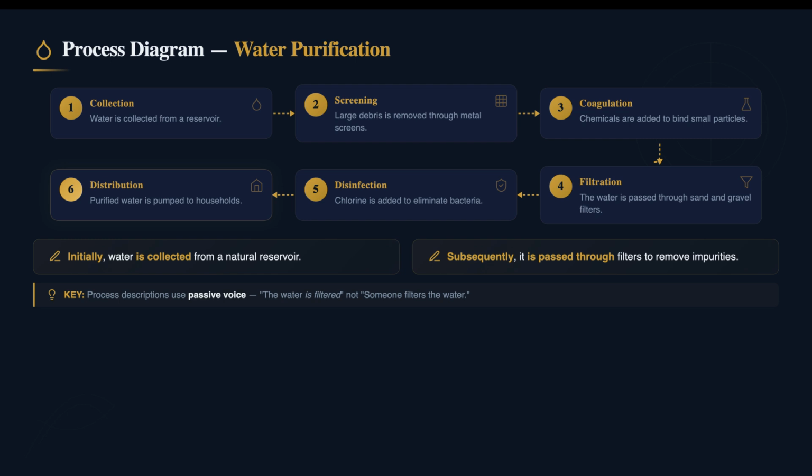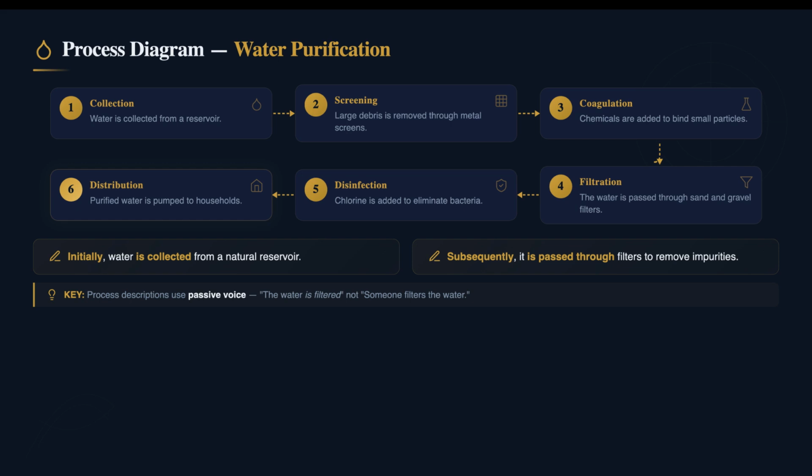That is present simple passive voice, used to describe the collection of water from the original place. And initially is the beginning group of vocabulary or lexical resources we were talking about earlier.